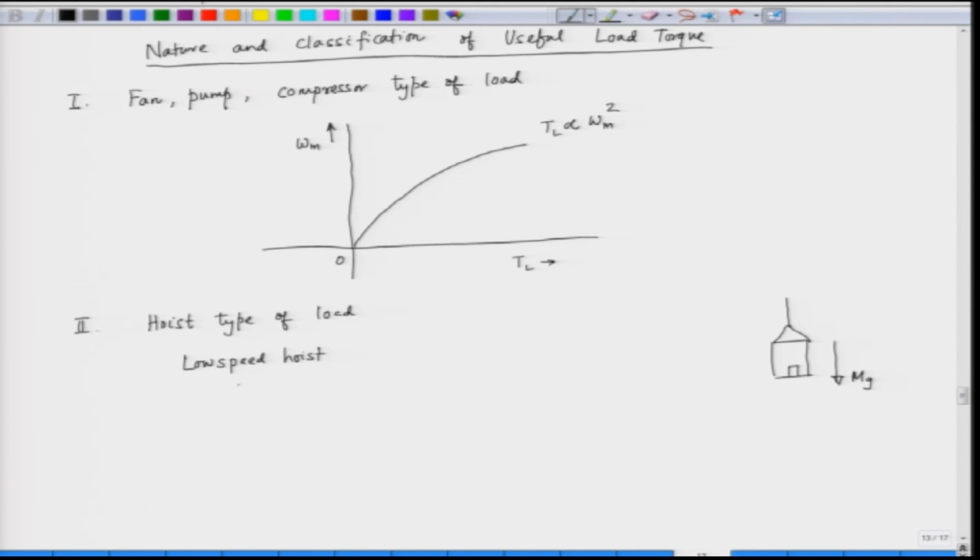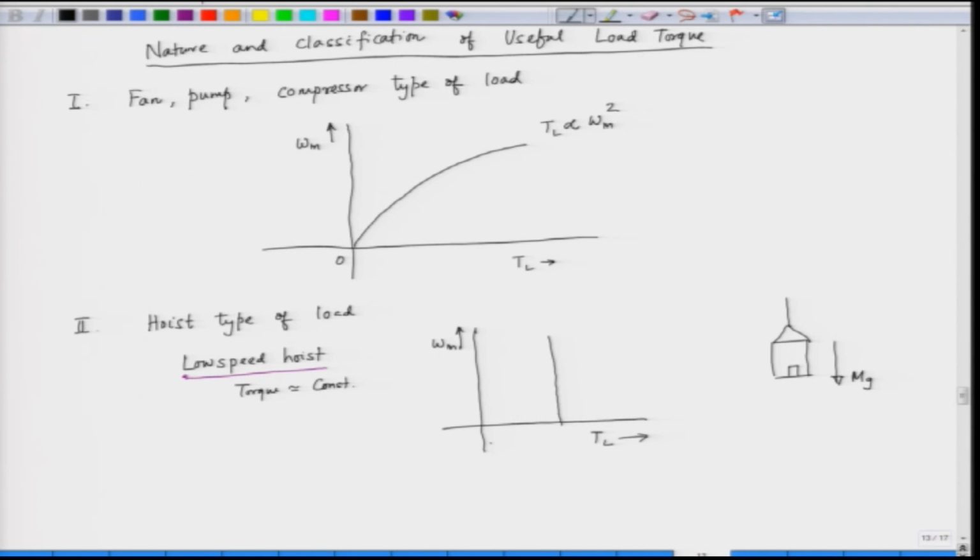So, for a low speed hoist, torque is nearly constant. It is independent of the speed. So, in this case, if you plot the load torque versus speed for a low speed hoist, with speed on the y axis and torque on the x axis, this torque is nearly constant and does not change with the speed.